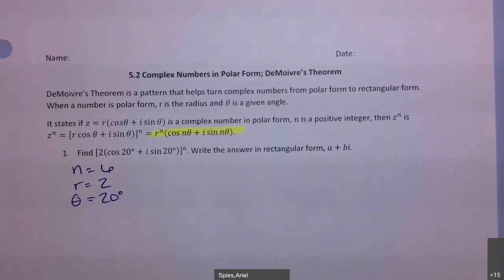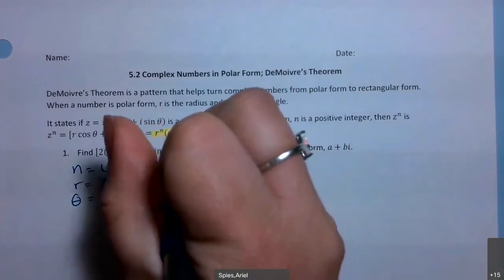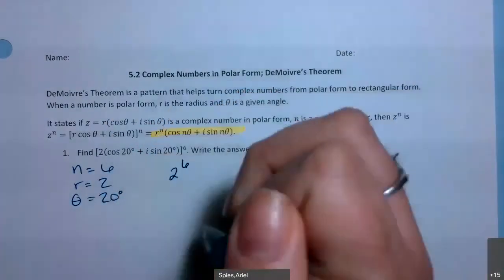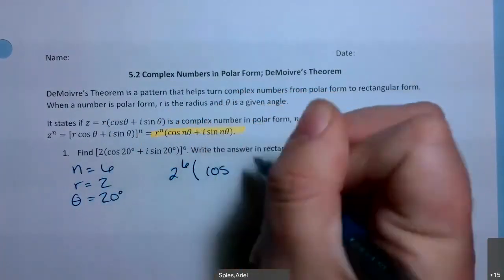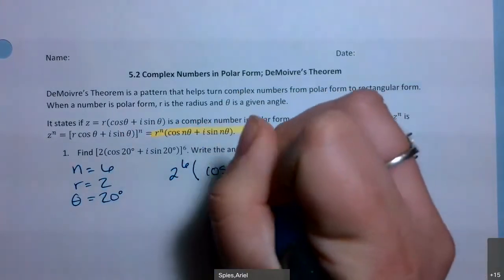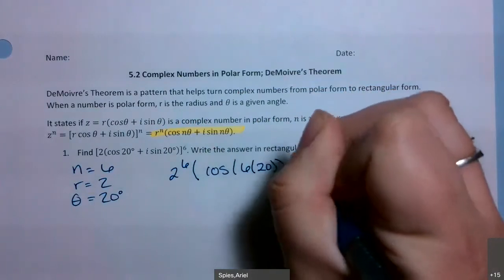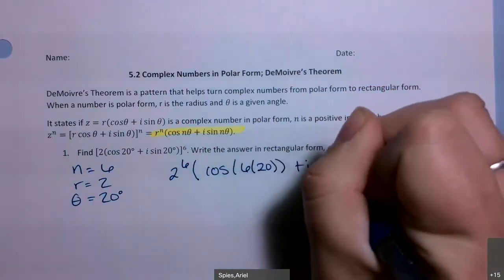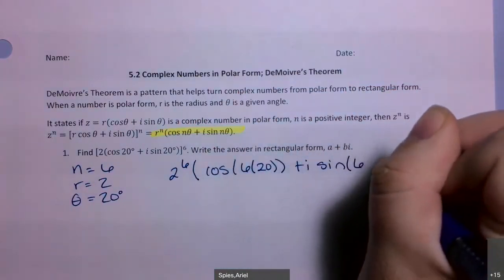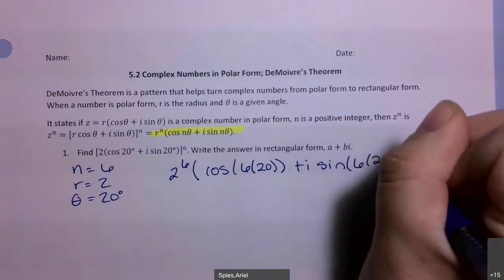Okay, so then I just want to go ahead and plug into this formula that I highlighted. So I'm going to have 2 to the 6th power times cosine of n, which was 6, times my angle, which was 20, plus i sine 6 times 20.